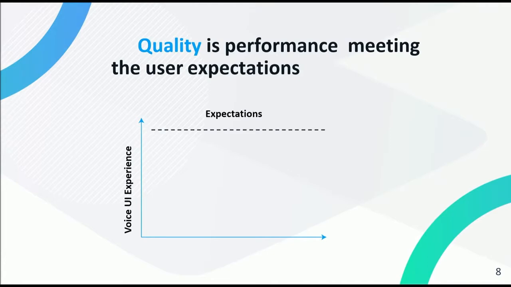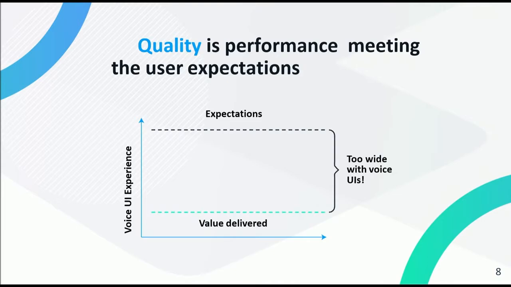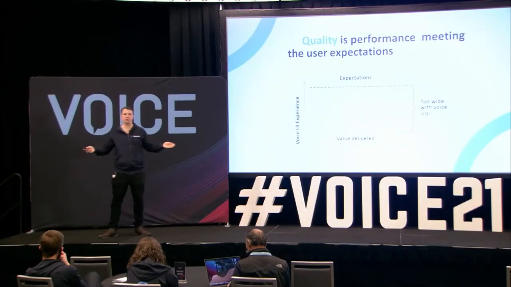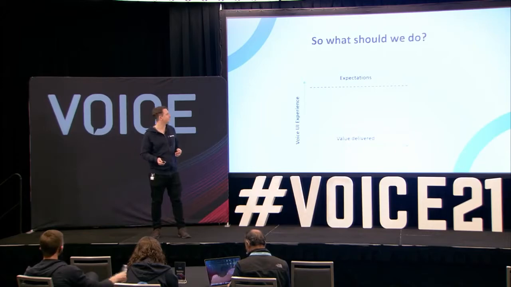There are lots of very powerful, amazing companies who have promised the moon from the sky about what voice technology can do, but really, today, the value delivered is here. And there's a huge gap between the expectations and reality. And this is really the problem why we are still a niche community, and we should deserve better.